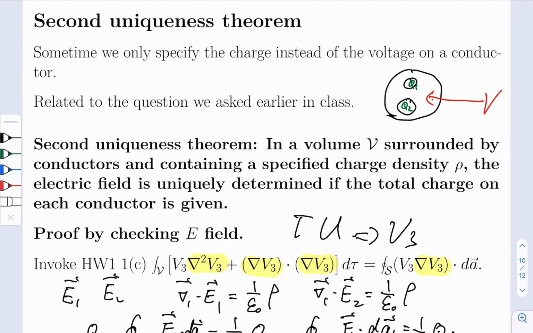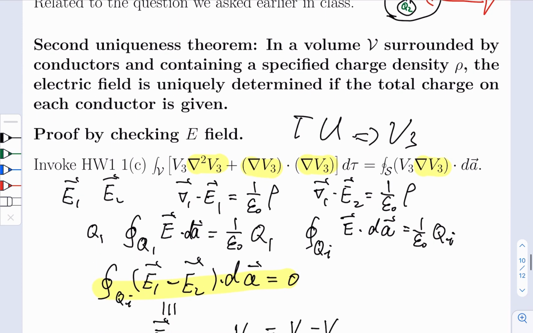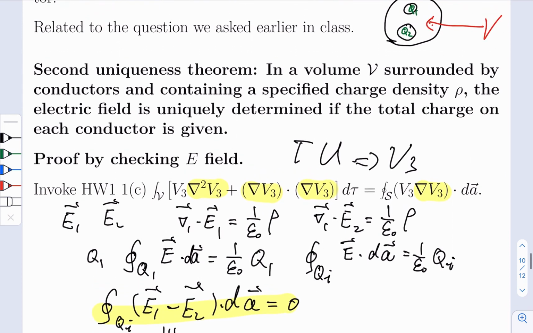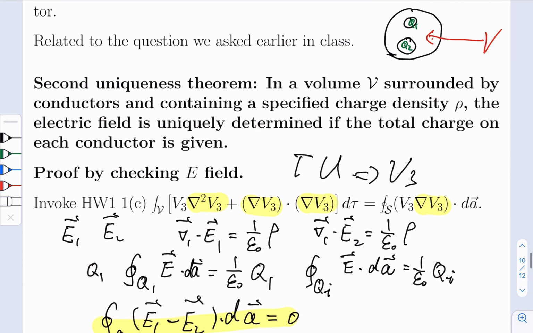Now, to prove that, we need to check the electric field. Again, it's a proof by contradiction. Suppose that there are two E fields, E1 and E2, that satisfy this equation. Because of the same Gauss law for E1 and E2, we can apply Gauss law to all the surfaces enclosing Q1.